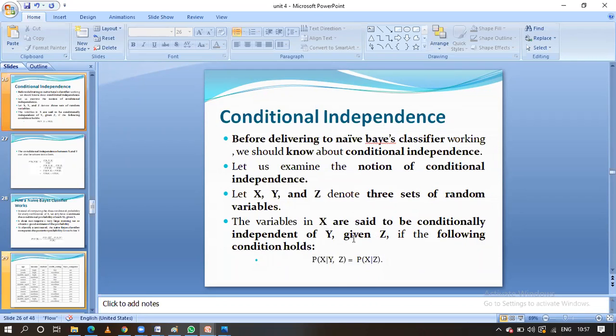This one also you have to remember, guys, related to Naive Bayes classification.